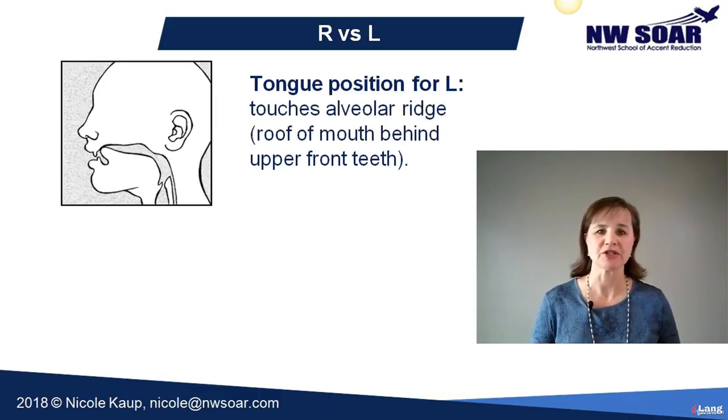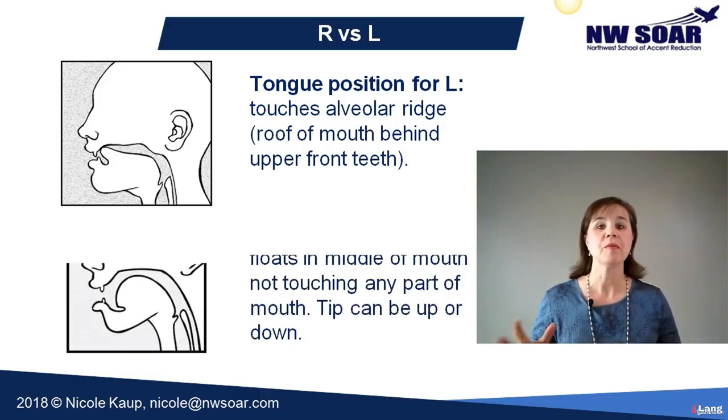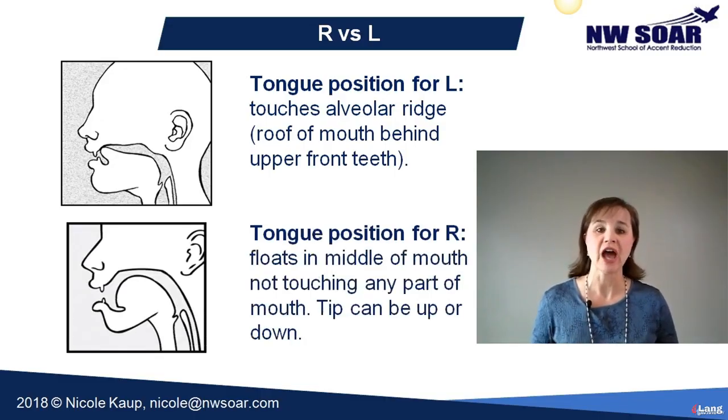Look at the tongue position for L. It looks very different from the R tongue. The most important difference is that for the L, the tongue touches the roof of the mouth, just behind the upper front teeth. Compare the two pictures of how to pronounce these sounds. Notice that tongue position.